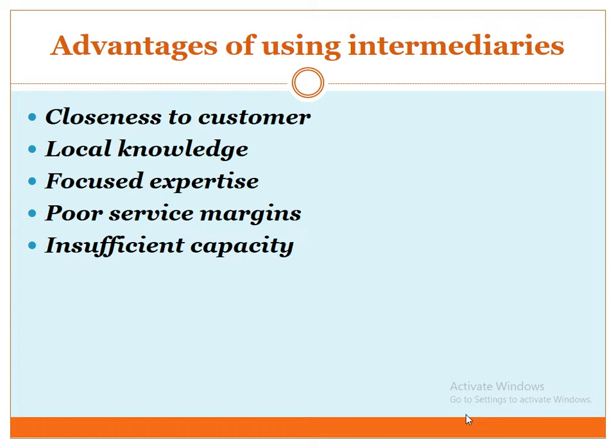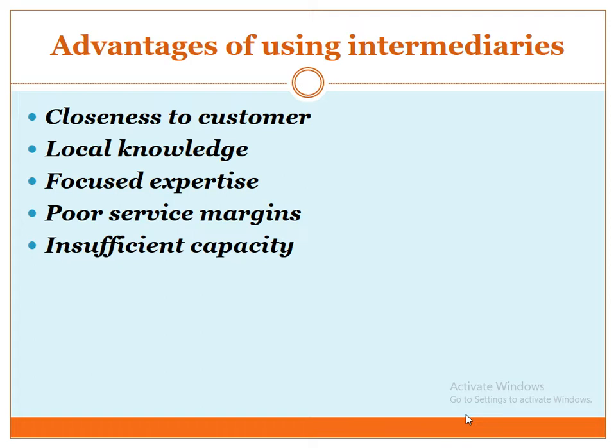Next is local knowledge. The major supplier may have influence knowledge of local conditions and culture in the development of global strategies. Much emphasis is placed on thinking globally and acting locally. Third is focused exercise. We can take one example, Microsoft.